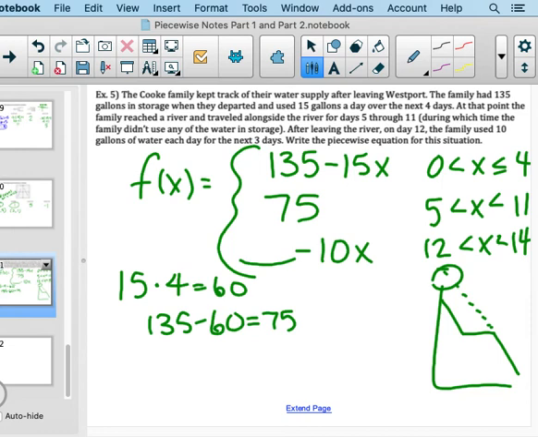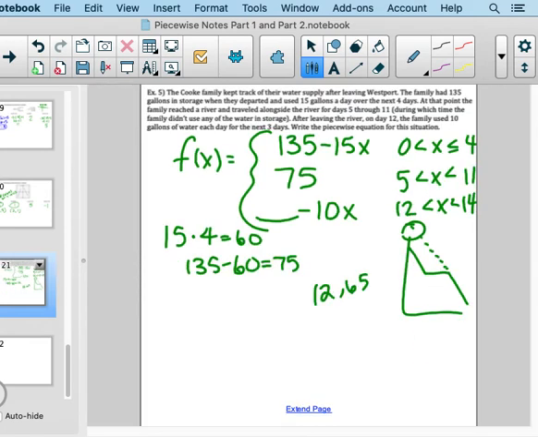So this is where I personally chose to use point slope form, okay? And I said, well, on day 12, if I'm now using 10 per day, 75 minus 10 is 65. And so I said 65. Well, actually, I didn't use point slope. I just used y equals mx plus b. I did 65 equals the fact that I'm using 10 per day and 12.